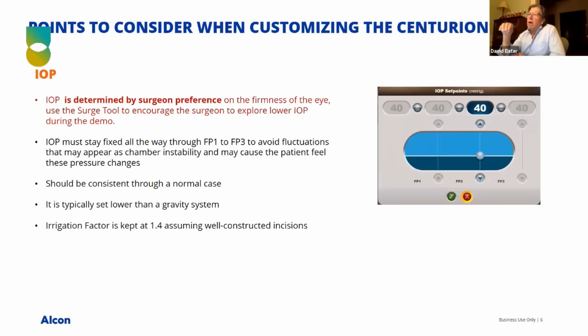So the other thing that we found is that you can have a lot of variance in terms of IOP during the case if you choose. However, our experience has been that if you set IOP consistently and not vary it either with foot switch position or step to step, the patient's probably going to be more comfortable.